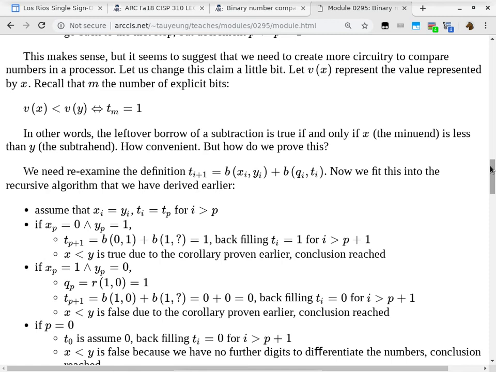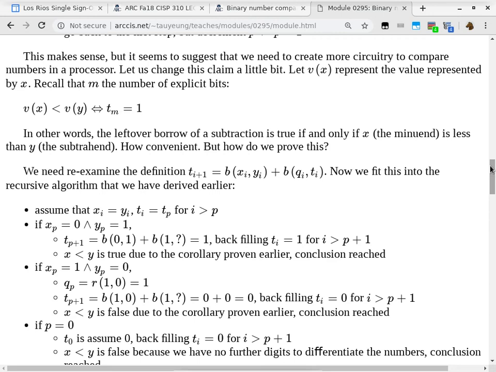So this is saying the value represented by x is less than the value represented by y if and only if the borrowed bit at position m is 1 when we look at x minus y. The subtraction of x minus y has an overall borrow bit that we call Tm.